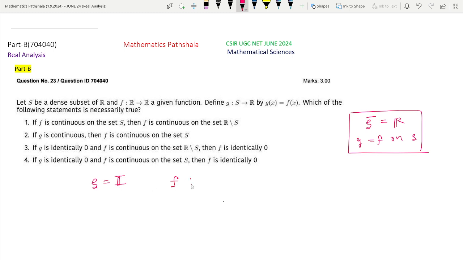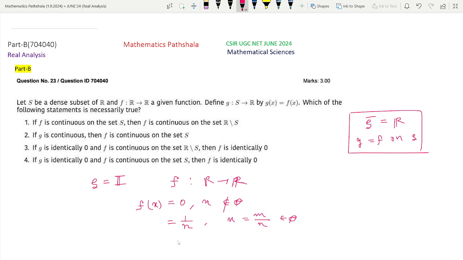and define F from R to R in this way, a very common function: F(x) equals 0 if x does not belong to Q, and if x belongs to Q, that is of the form m by n, then F(x) equals 1 by n.